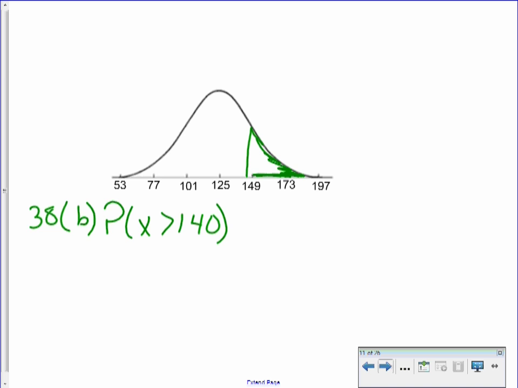And it says more than, so I'm going to shade to the right. Oh, it was 140, so it's a little bit over. Smidge over.